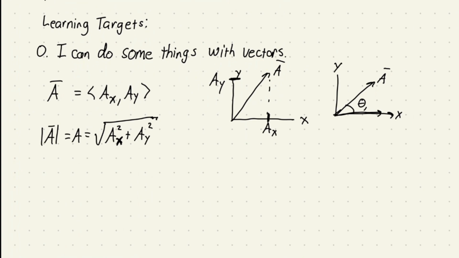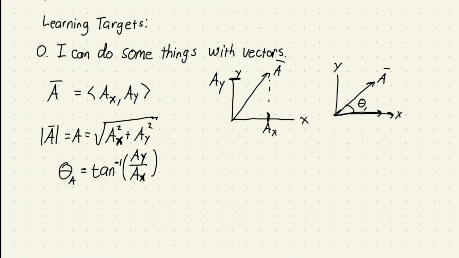So to find that angle, theta sub A, the angle with respect to the x-axis, is given by the inverse tangent, tan^-1, of the opposite over the adjacent legs, right? Tangent is sine over cosine, which is opposite over adjacent. And so if we take the inverse tangent, that gives us our angle.